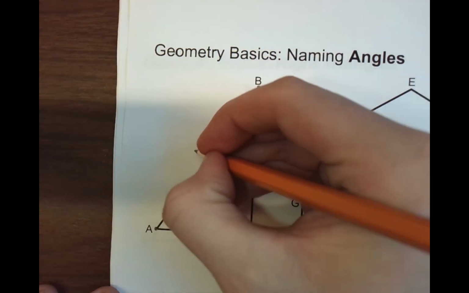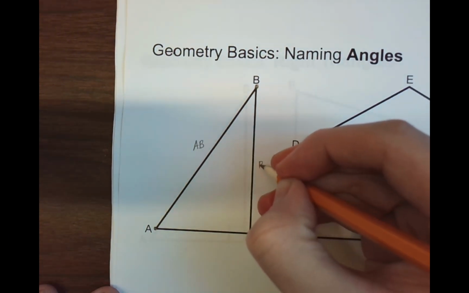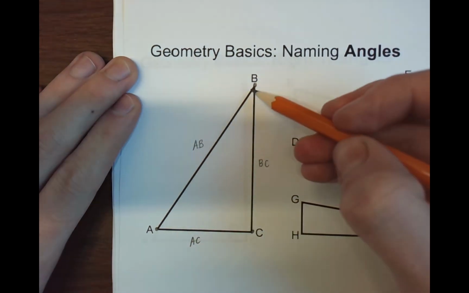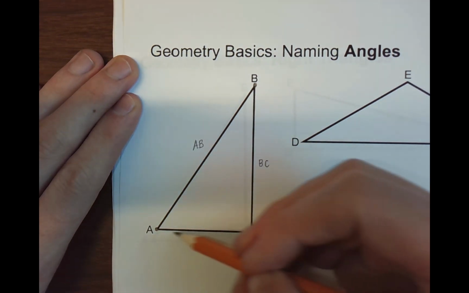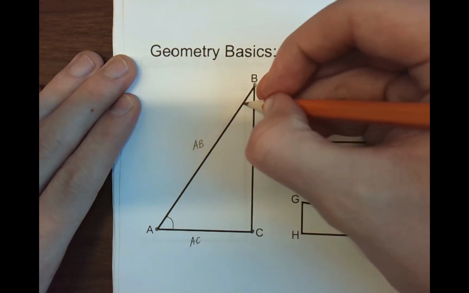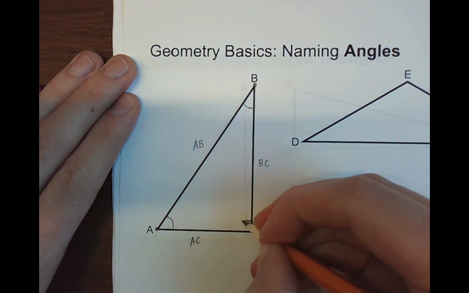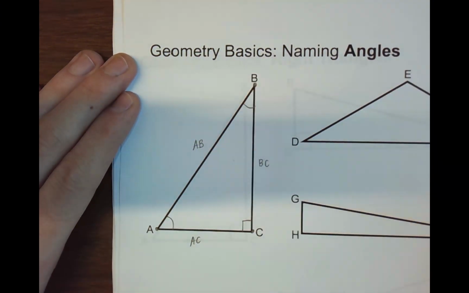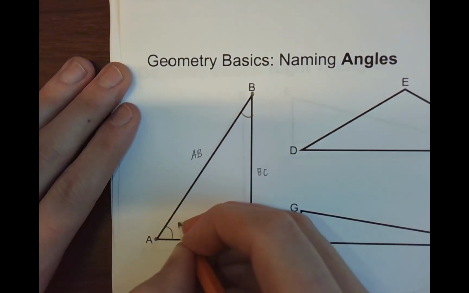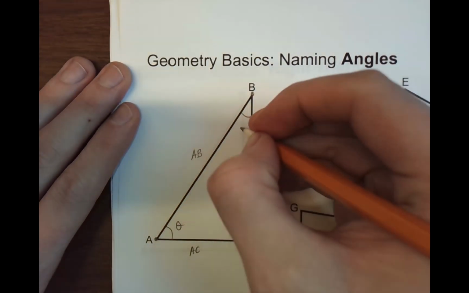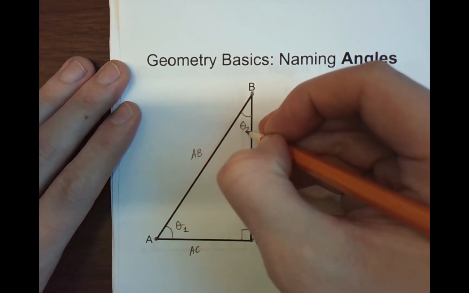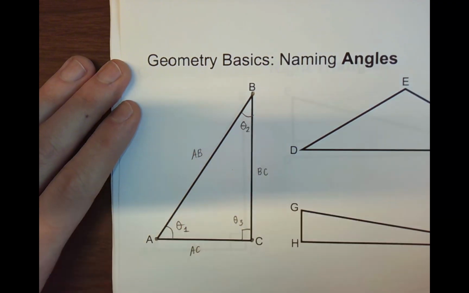We have line segment AB, line segment BC, line segment AC, but you can also see that where the lines meet, an angle is formed. Oftentimes we can use the Greek symbol theta to say that's theta 1, theta 2, theta 3, or something like that.